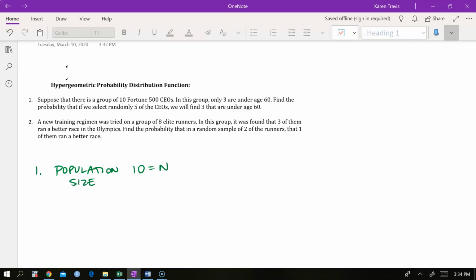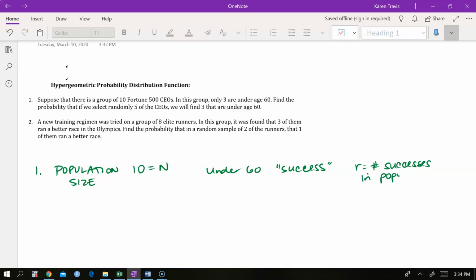And then it says in this group only 3 are under 60, so we're going to make under 60 a success. And since there are 3, R is the number of successes in the population.